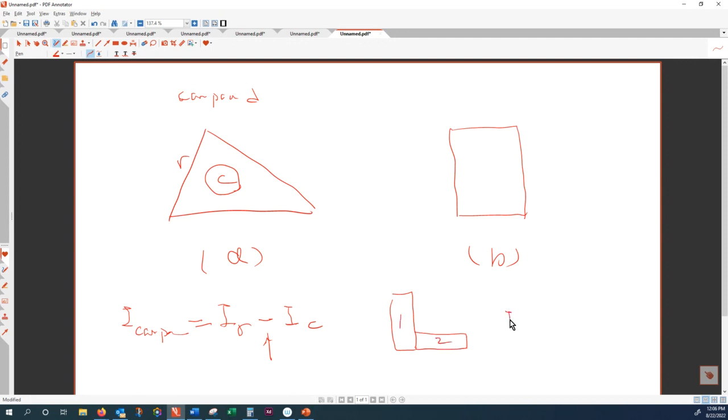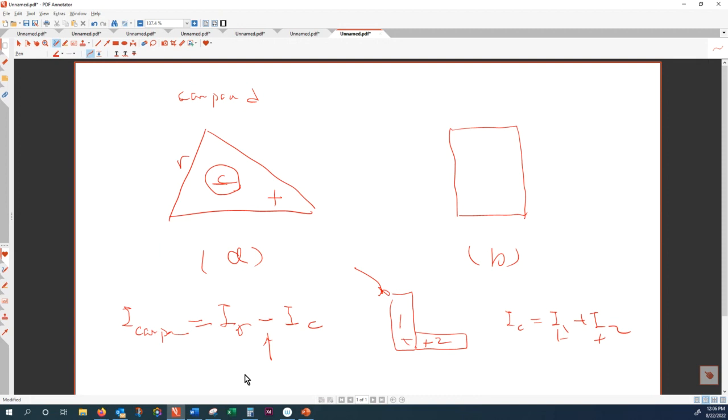So here I of the compound is I of 1 plus I of 2. I look into the table to find I for the first shape. I can break this one into two shapes. In this case, both shapes are positive, so that is positive, positive. In this shape, one shape is positive, one shape is negative, so the total I is this minus that.